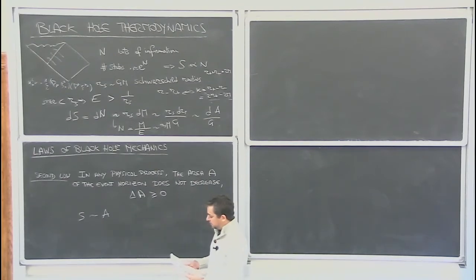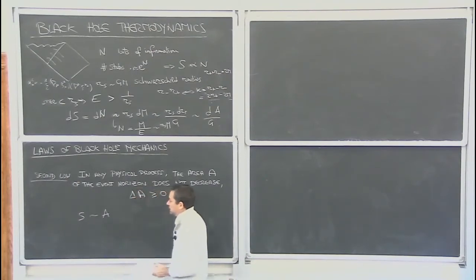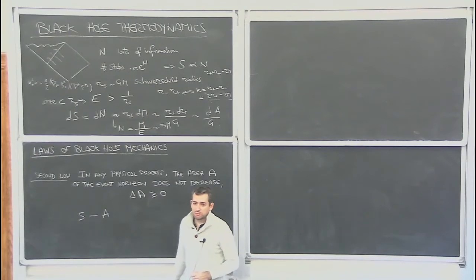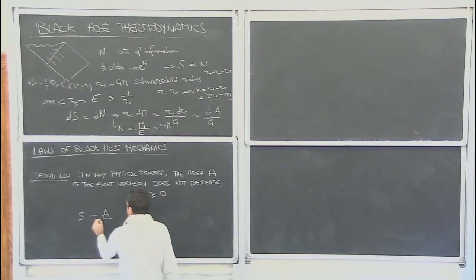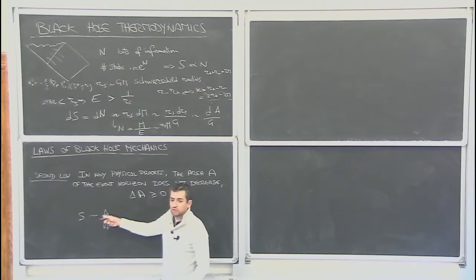But one thing we can immediately say is that whatever function of the area the entropy is, the dimensions don't match. So I have to divide this by something, and there is no scale in general, apart from the radius of the horizon that I'm using here in computing the area.